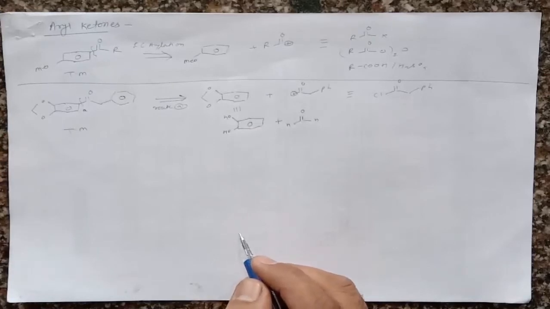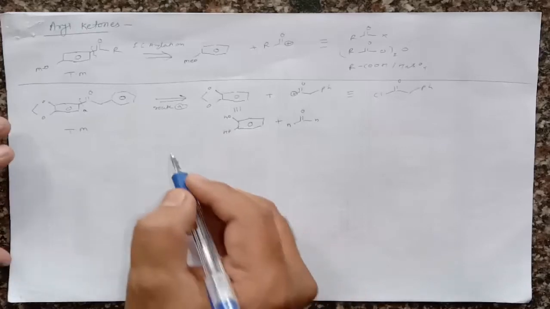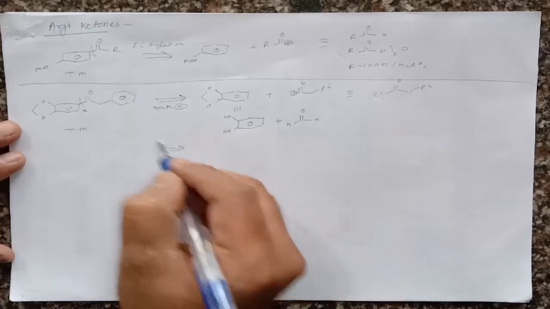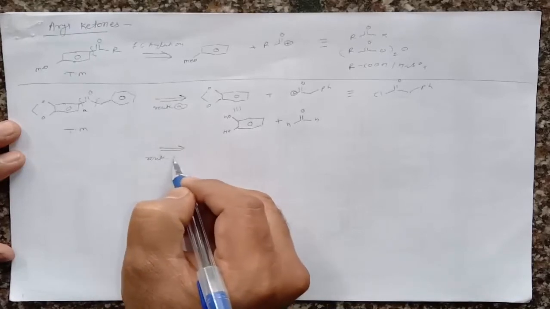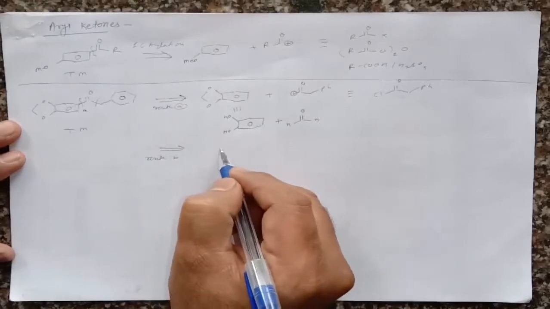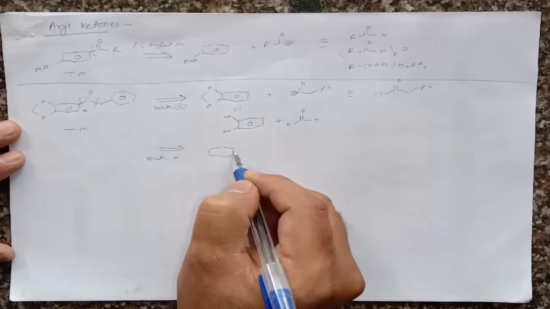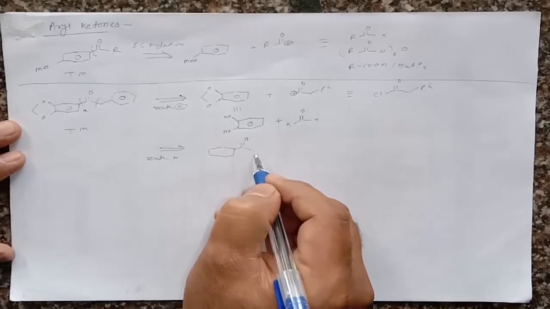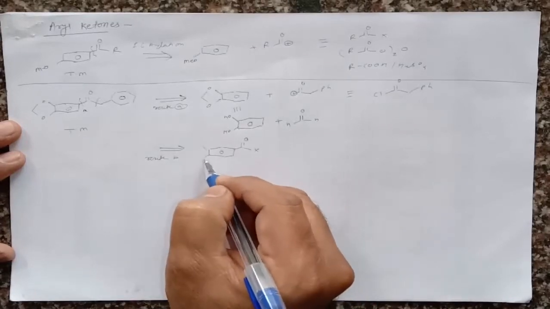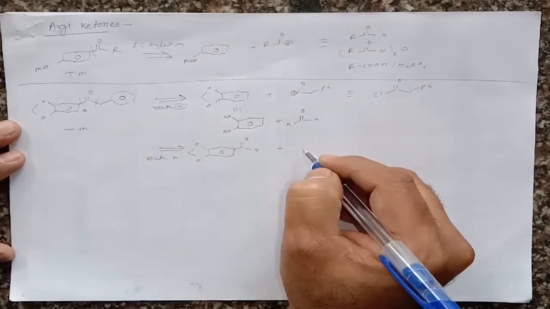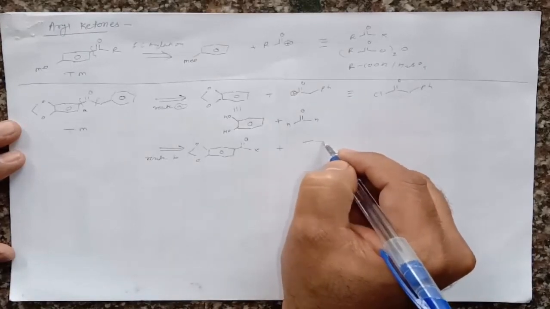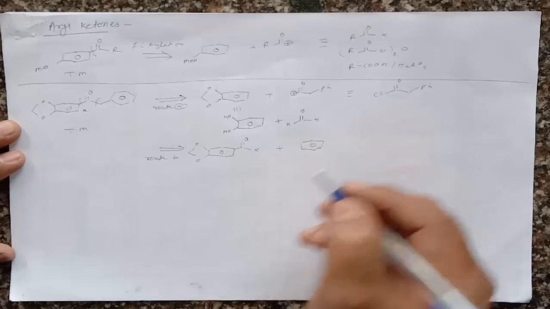So this is one route, and if we go for the second route, that means if we break the molecule at the B position, it is called route B. Then what does it give? It gives an acyl group, suppose X is there, along with a substitution, plus it gives a benzene ring.